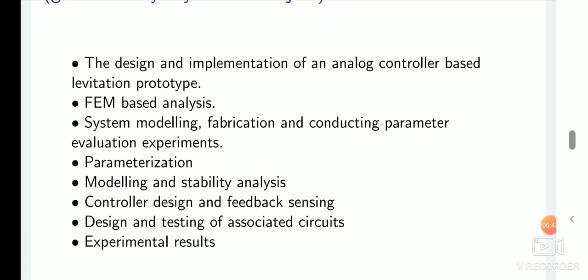Then for controller design, and circuit simulation, we require PSpice or Orchid or Scilab. And last, for PCB design, we require Express PCB software.